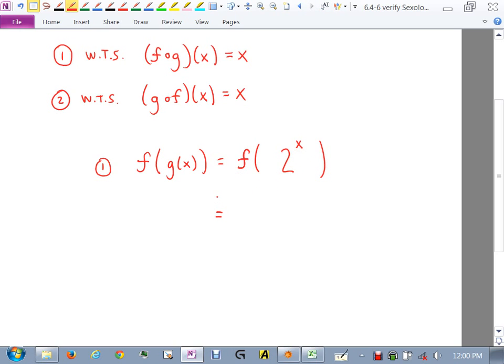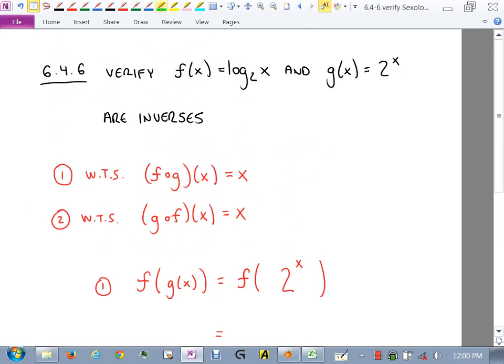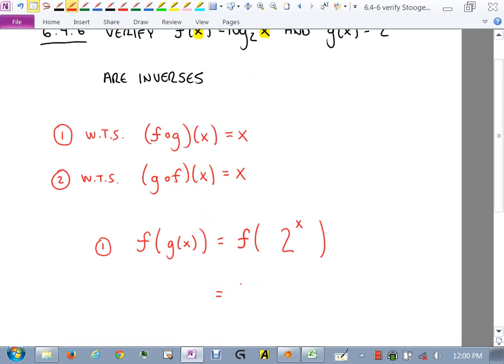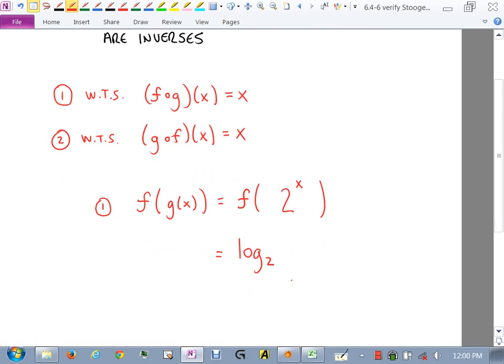So that means, what's my f function? It's this log one, right? So I'm going to replace this x in my log with 2 to the x, right? So it becomes log base 2 of 2 to the x. Well, what the heck is that? Think about what the logarithm is asking you again.